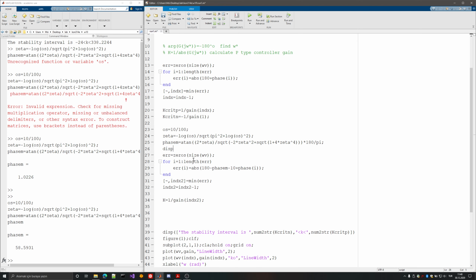So let's display this phase margin. Overshoot num to str overshoot, and then corresponding phase margin is num to str phase margin.